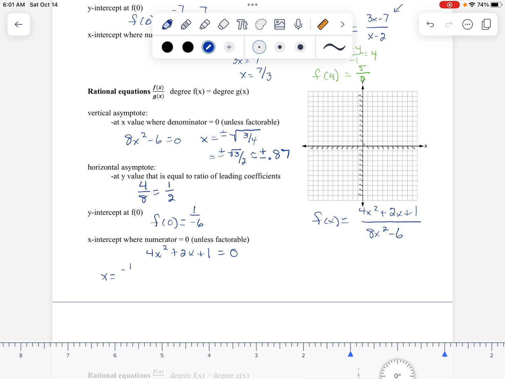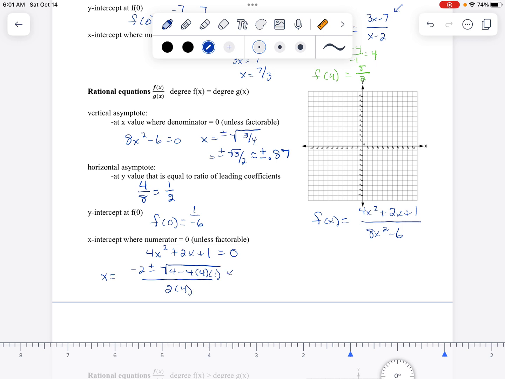So in this case, negative b, negative b is -2, plus or minus the square root of b squared minus 4 times a times c over 2 times a.